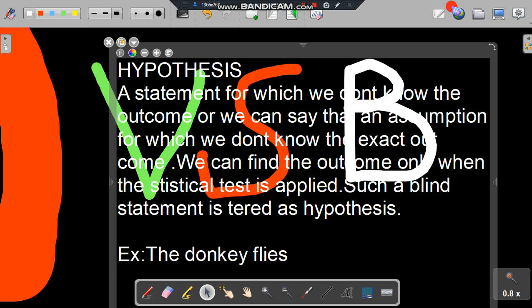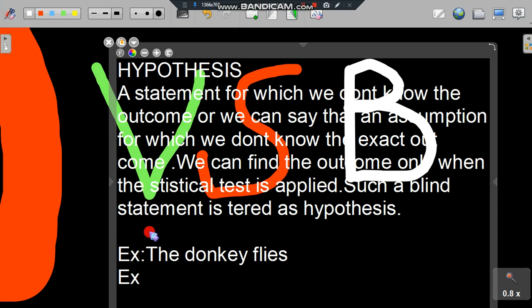Another example: the mean weight of 100 dogs in Salem city is 5 kg.